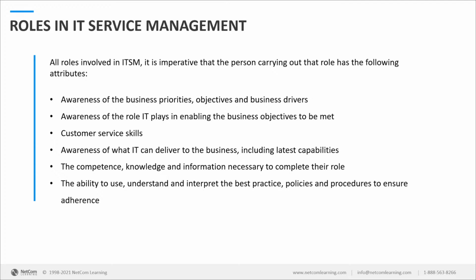What are the current capabilities? What could be the possible future capability requirement from the business side? Knowledge and information necessary to complete their role, and the ability to use, understand, and interpret the best practices, policies, and procedures to ensure adherence.